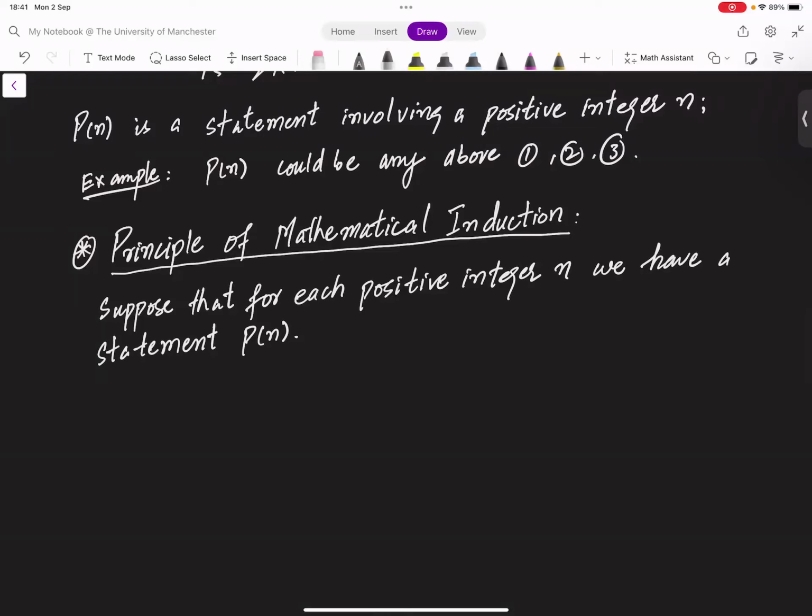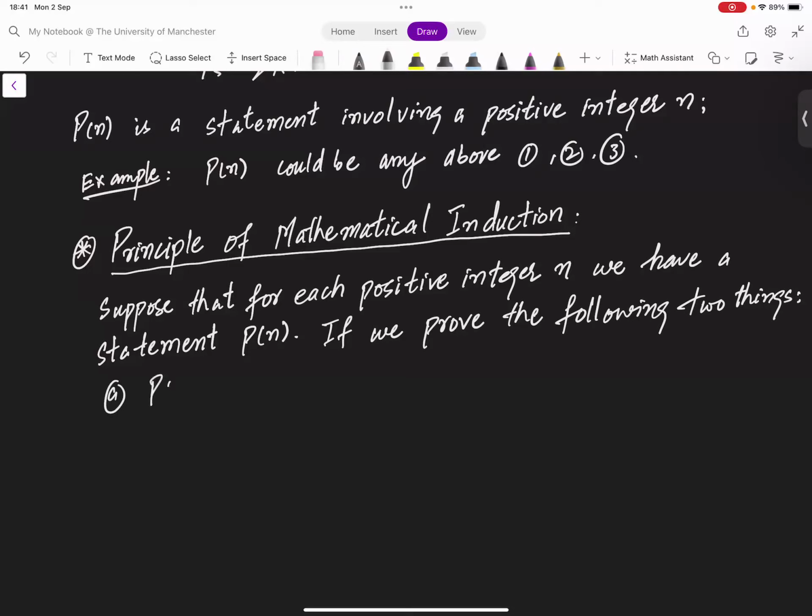If we prove the following two things: A, the statement is true for n equals 1.